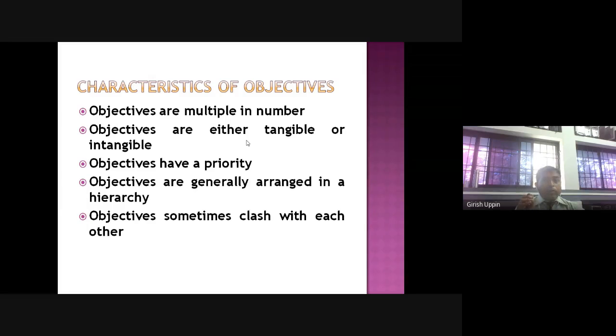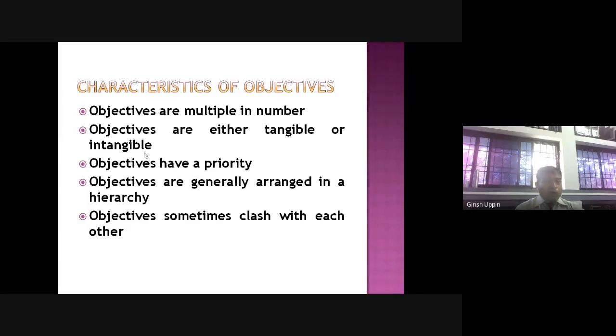And certain objectives are intangible. We cannot really measure or quantify those. For example, customer satisfaction. One of the objectives is that we want increased customer satisfaction. Increased customer satisfaction is very difficult to measure, right?